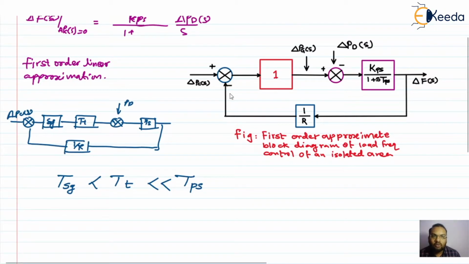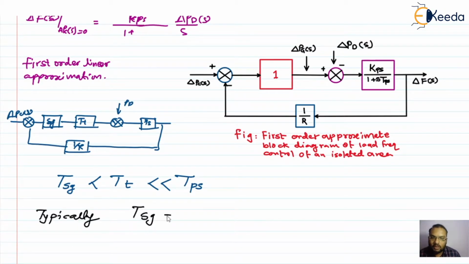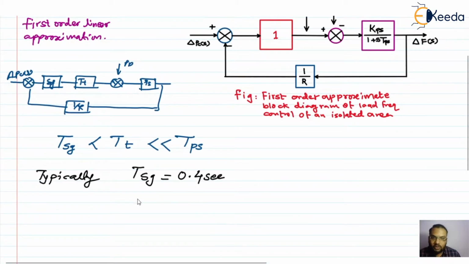Taking typical values, TSG is 0.4 second. TT, the turbine time constant, is 0.5 second.